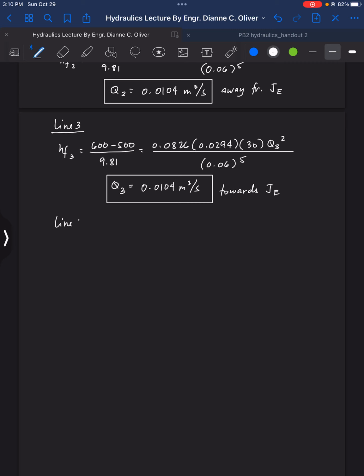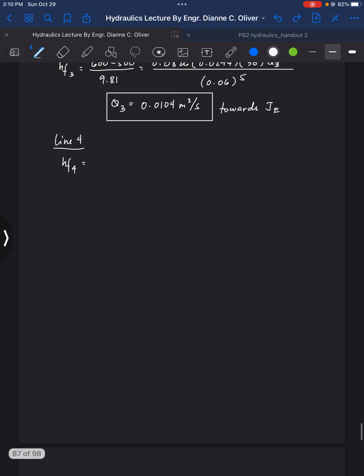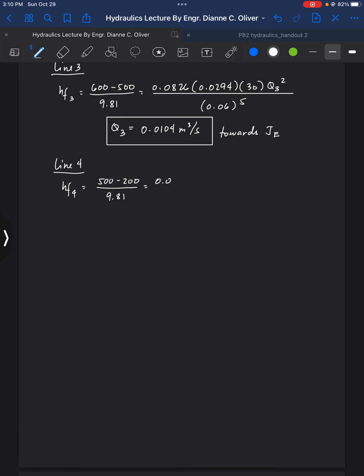Last, we have line 4. HF4 is equal to, so we have here 200 and 500, equals 0.0826, 0.0294, 30 Q4 squared all over 0.06 raised to 5.